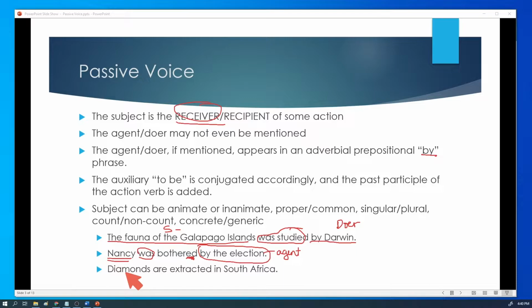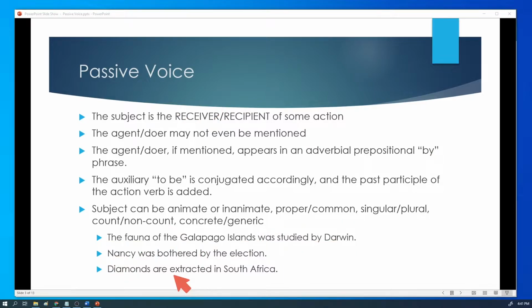The last one here, diamonds are extracted in South Africa. Notice that we do not have this phrase. We just have it empty. So it's possible, remember, to not even mention the agent or the doer. This happens when we can kind of guess or infer who does the work. Diamonds are extracted.